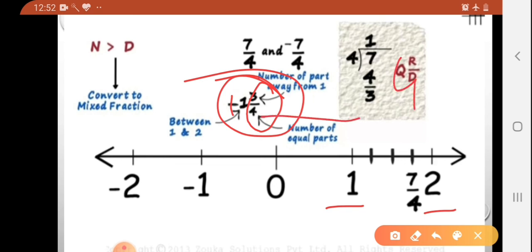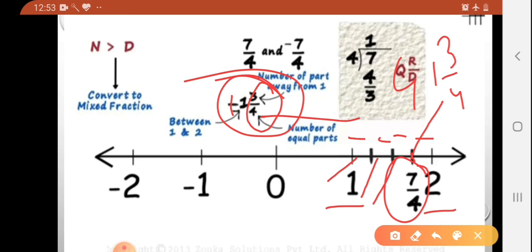That is 1, 2, 3, 4. Now where will 3 upon 4 come? Here it will come 0, here 1, here 2, and here 3 upon 4. That is 1 whole 3 upon 4, or you can say 7 upon 4.